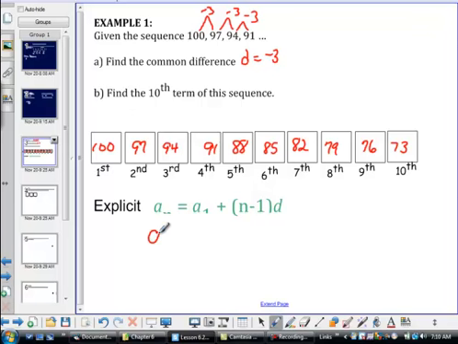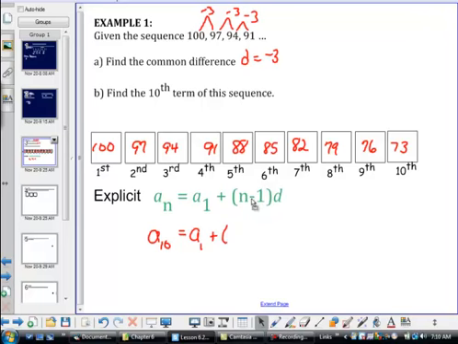This wanted us to find the 10th term of sequence A. We take the first term and add on, well, if you saw over here, n is 10. So we add on 10 minus 1 differences. And we know our difference is negative 3, so I can actually erase that and put a negative 3 there.